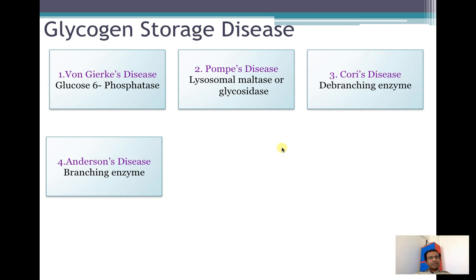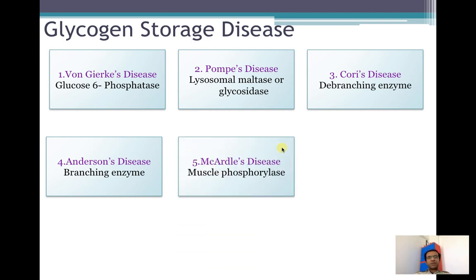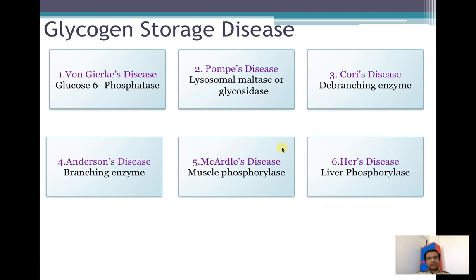Fourth is Anderson's disease, where there will be deficiency of the branching enzyme. That was the enzyme present during glycogenesis. Fifth one is McArdle's disease. Here the deficient enzyme is muscle phosphorylase. And sixth one is Hers disease. Liver phosphorylase is the deficient enzyme.